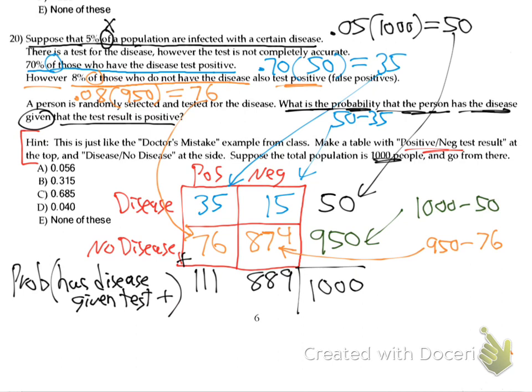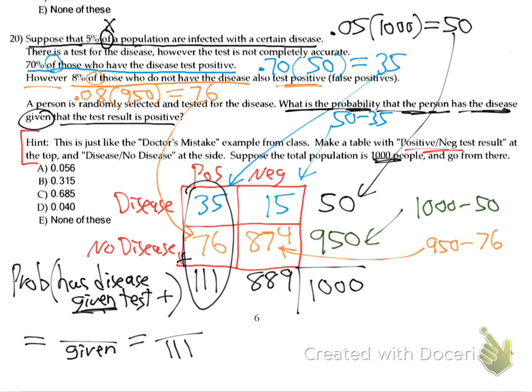So it's a given. So we know the denominator is going to be what's given: 111. They're given, we're talking about somebody that tested positive. Who tested positive? These people, specifically the 111.